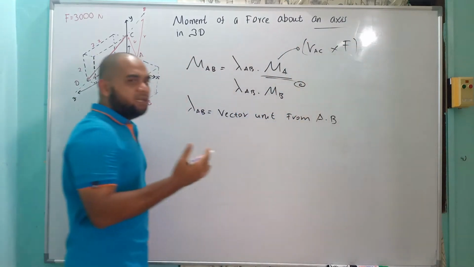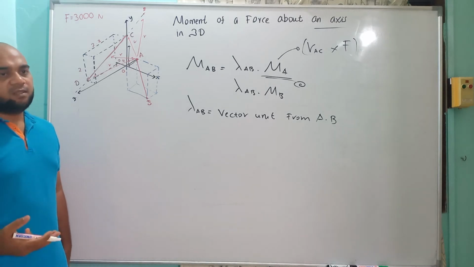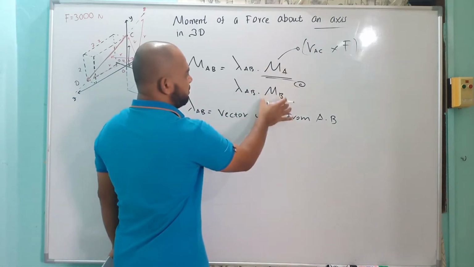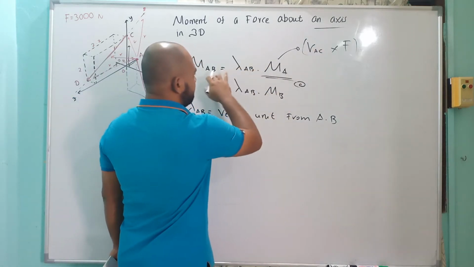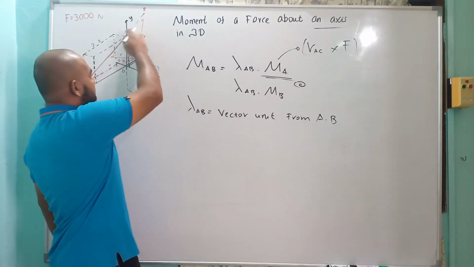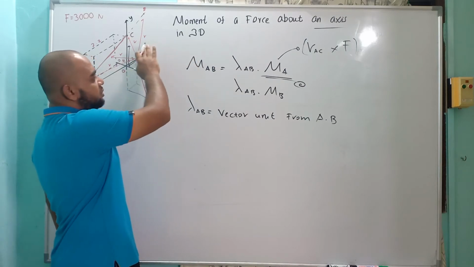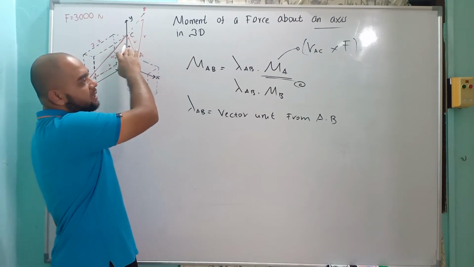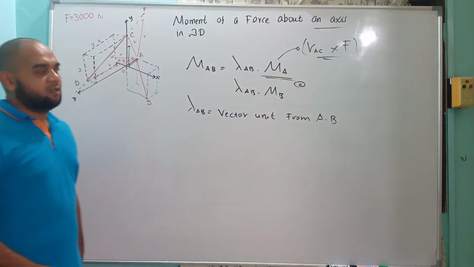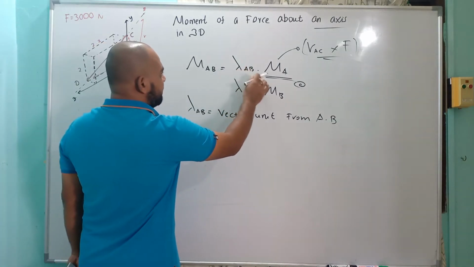Meaning that if you want to calculate the moment about an axis, you first have to know how to calculate the moment about a point, because you will apply it here. So the moment, lambda AB dot MA, where MA equals RAC, or any A to something, as we discussed in the previous video. You can choose one. The easiest one here I can see is AC, and then cross F. Now we will do the dot product of lambda AB with MA.